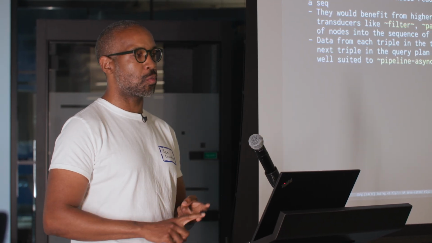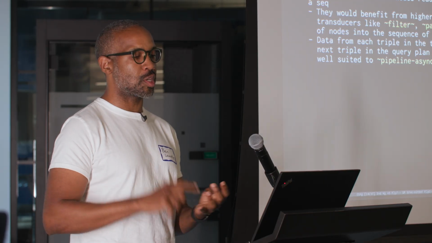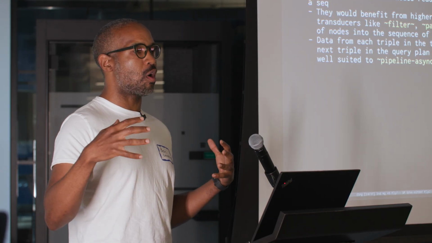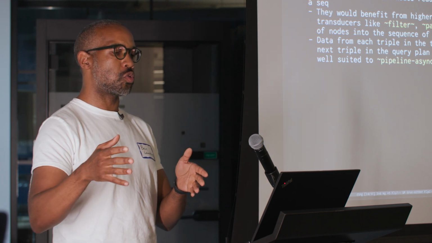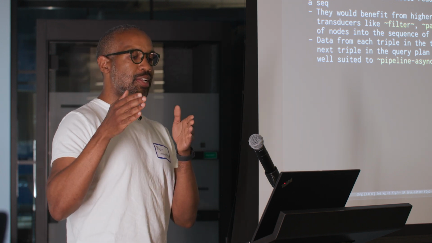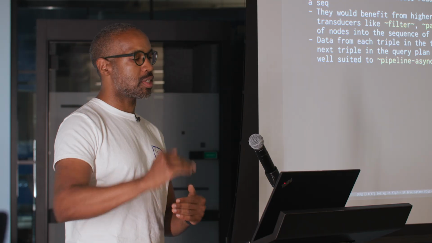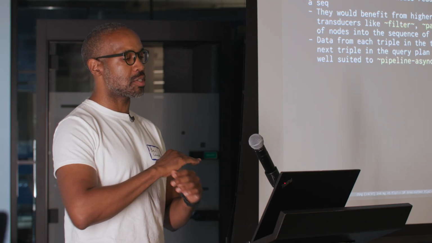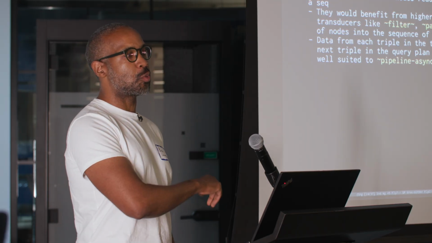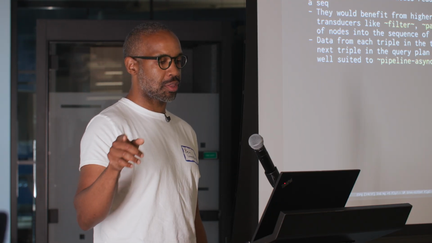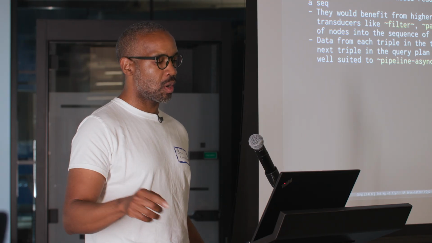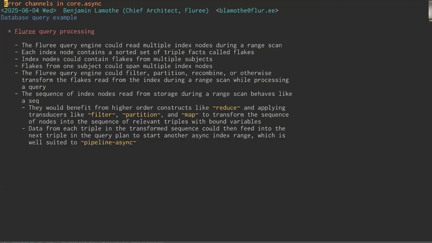We can map, we can reduce, we can transduce, we can partition, we can do all these different higher level functions on sequences. And the core async API is extensive; it has a corresponding analog for everything that you can do with a sequence, and more. And so it's really well suited for error channels.